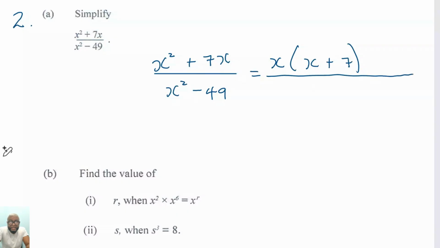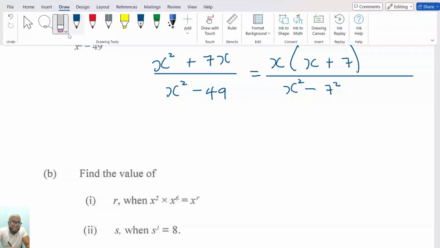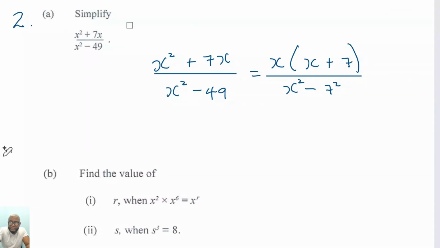Now the denominator is actually what we call the difference of two squares, right? So this 49 can be rewritten as 7 squared. So we have x squared minus 7 squared. Right.